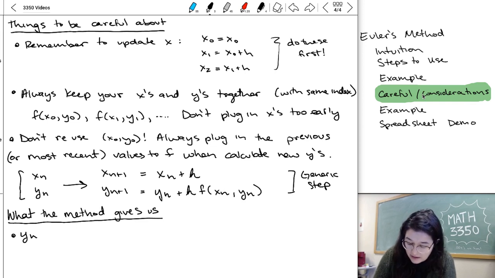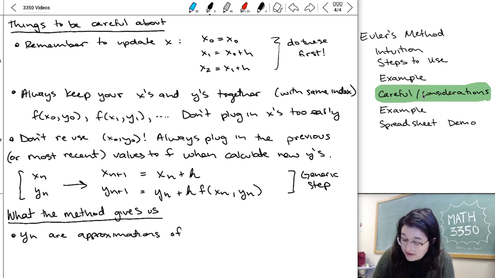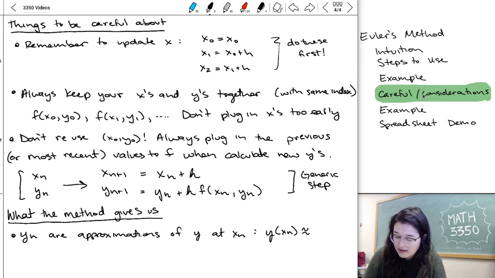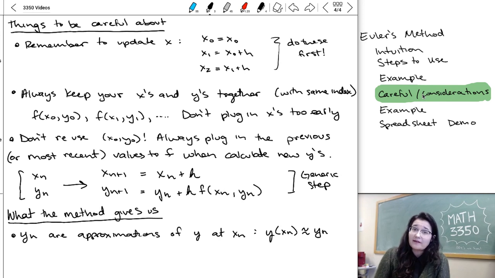But yn are approximations of our solution to the differential equation y at xn. So that means that y evaluated at xn can be approximated by that y sub n we calculate. The whole point of this class is that we want to know y of x for an equation, and this is a way that we get kind of close to it. But it's a numerical approximation, so it is subject to error, and we can calculate that error.